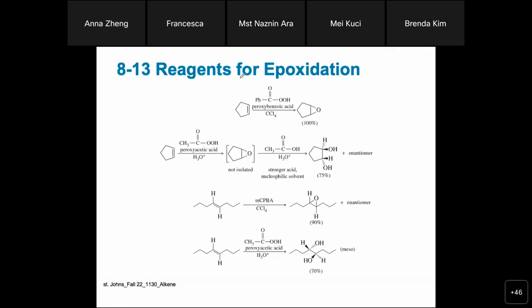So, reagents for epoxidation. What are the reagents we use for epoxidation?